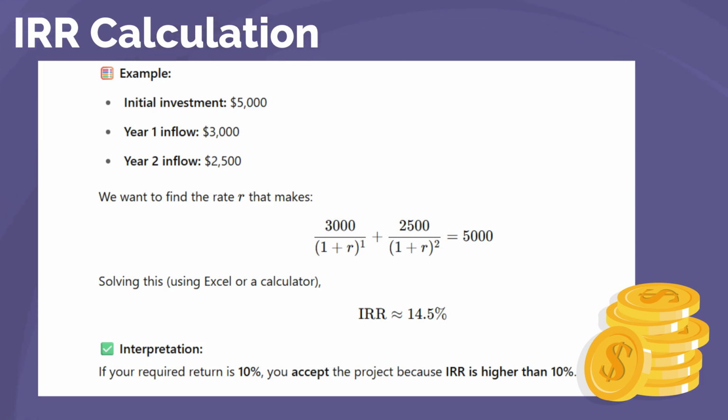You can use Excel, the trial and error method, or a financial calculator to calculate IRR. We have got 14.5%. This means the IRR is 14.5%. If your required return is 10%, you accept the project because IRR is higher than 10%.